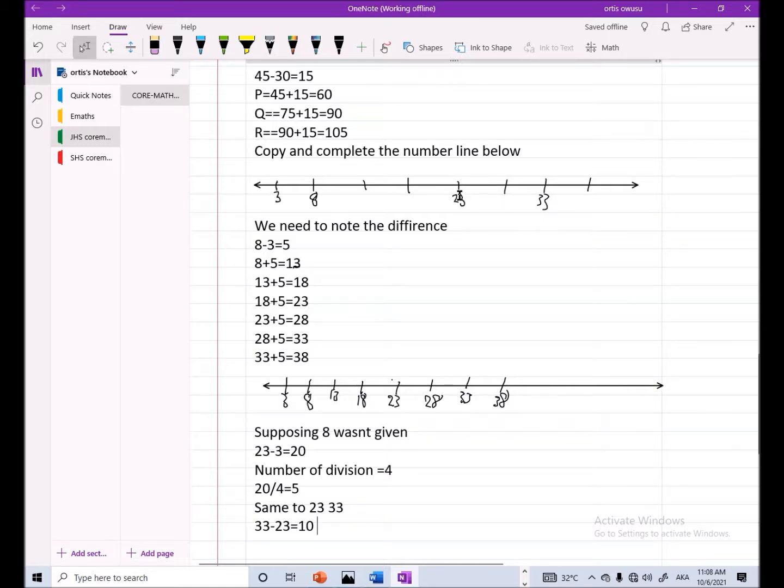Please don't count the 23 itself. Count after the 23, because we've subtracted 23. So it counts from here, 1, 2.